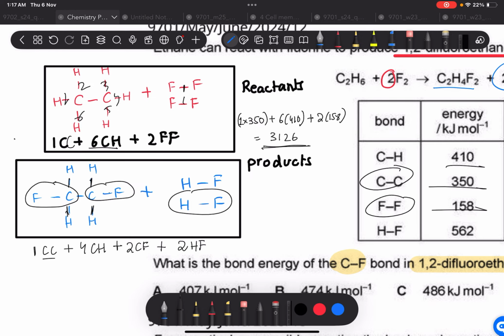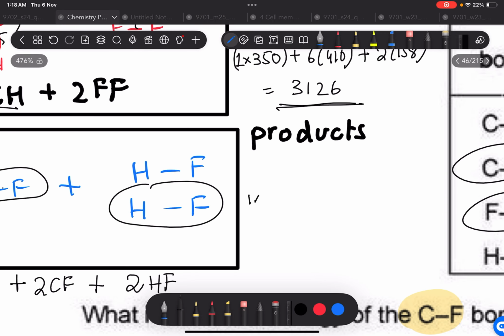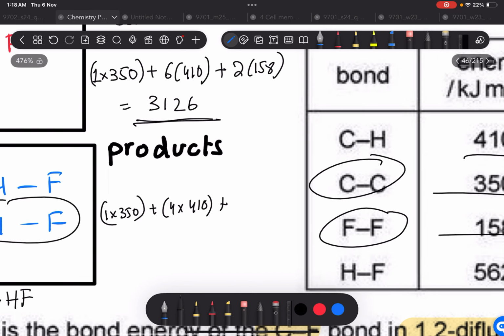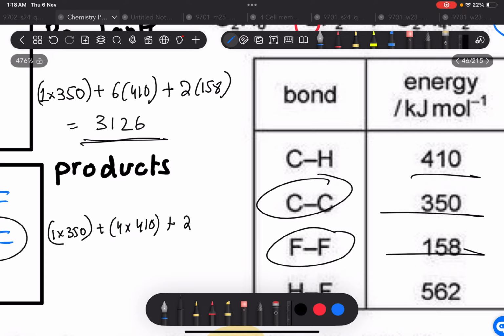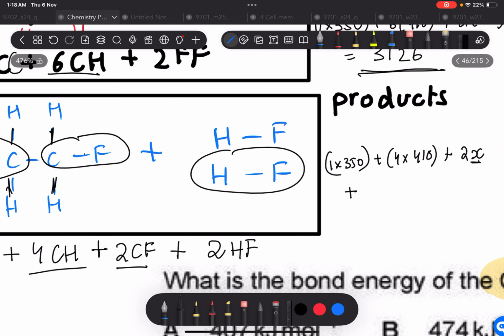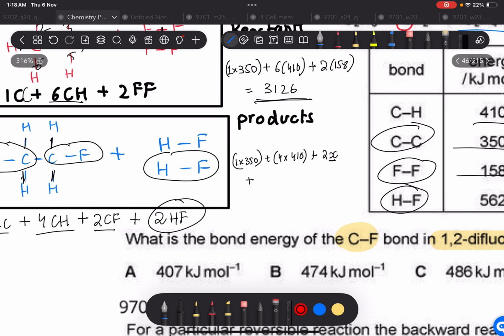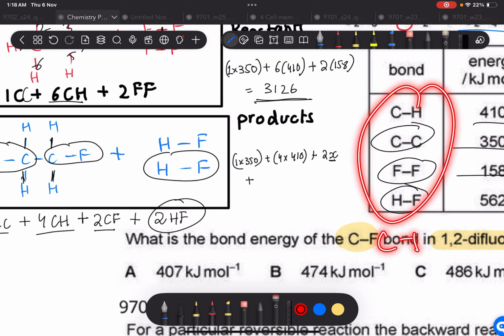CC is going to be 350, so it's 1 times 350. Then 4 CH bonds, so plus 4 times 410, plus 2 CF bonds. I'm not given the value of the CF bond. You can see in the table, there is no CF bond. I have to find it out. So instead of CF bond, I wrote 2X.